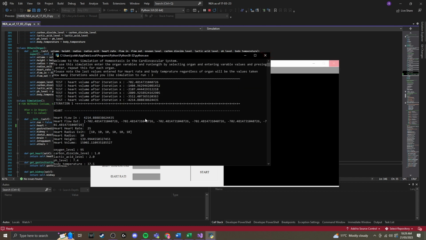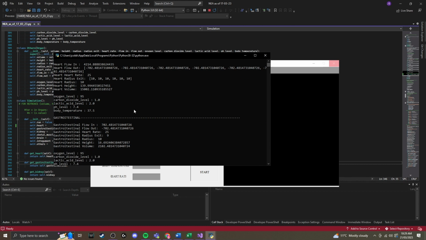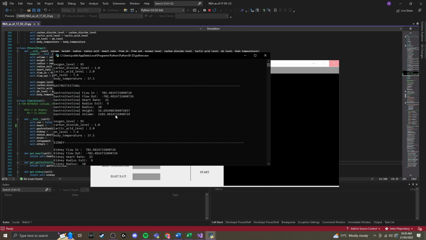we can see that not only the flow is less because of the slow heart rate, but the body is still alive.